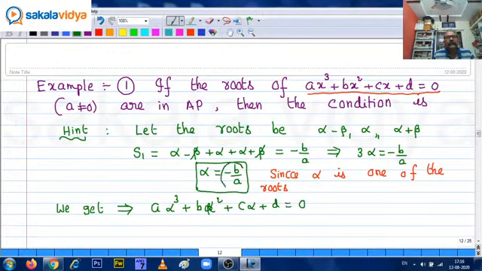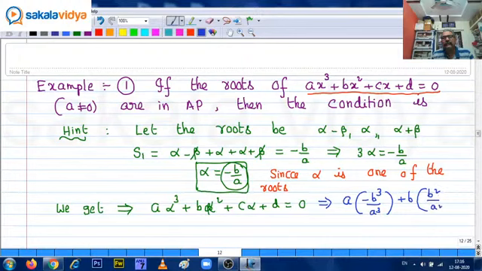Instead of alpha, replace minus b by a. You get a times minus b cube by a cube plus b times b square upon a square plus c times minus b upon a plus d equals 0.